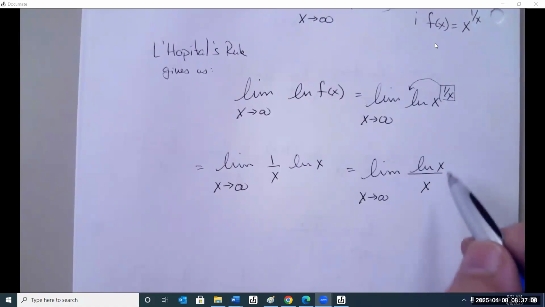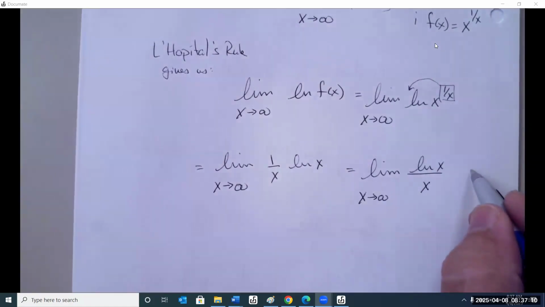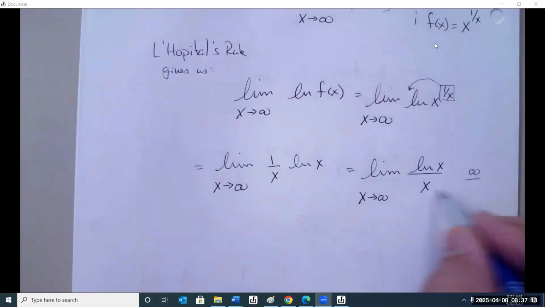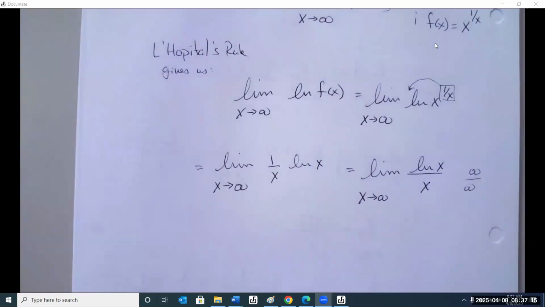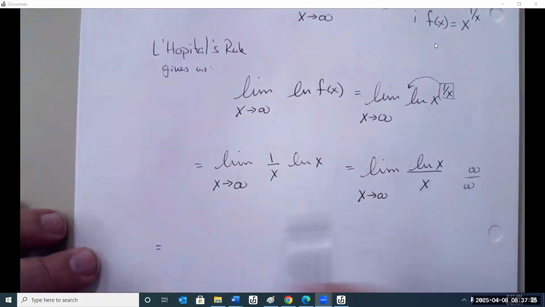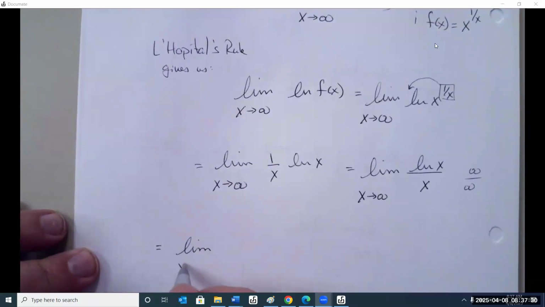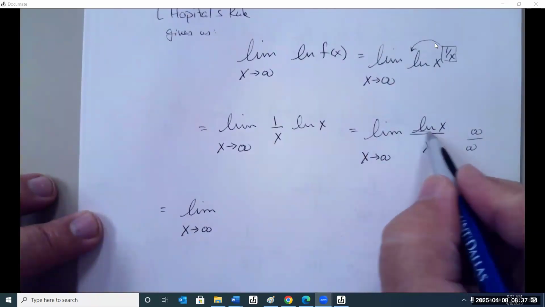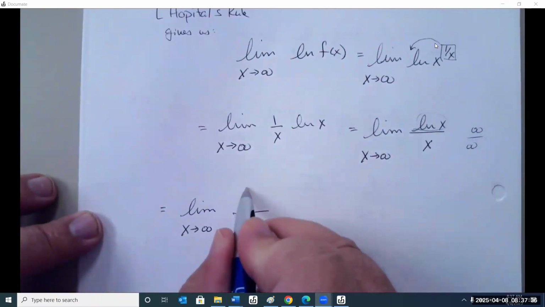So when we put infinity, ln of infinity is infinity, x is infinity, so we have infinity over infinity, so we can use L'Hopital's rule. So looking at the limit as x approaches infinity, the derivative of ln x is 1 over x.